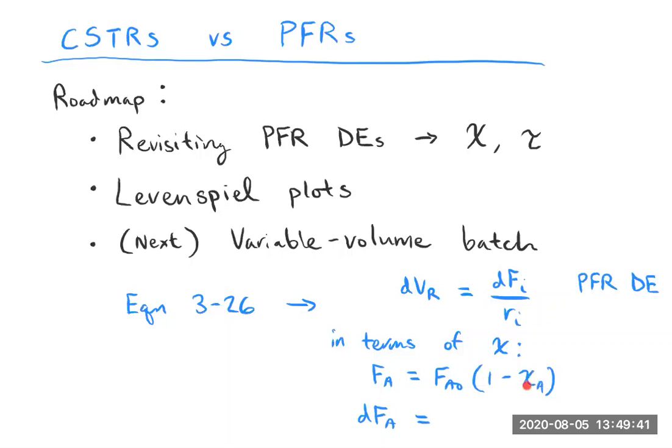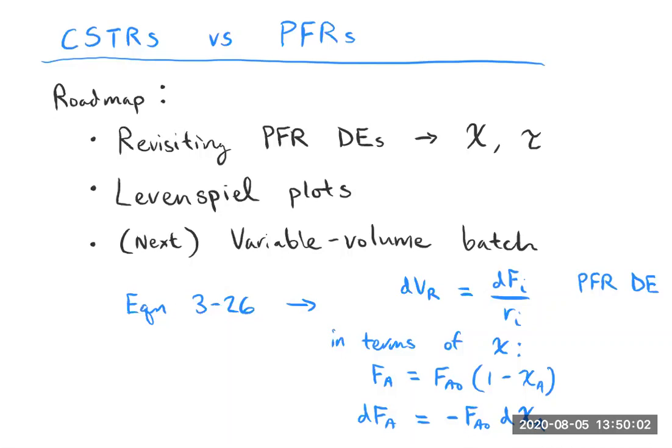And here we have our derivative with respect to conversion, which is going to have this coefficient of FA naught, and it's going to have a d conversion of A.